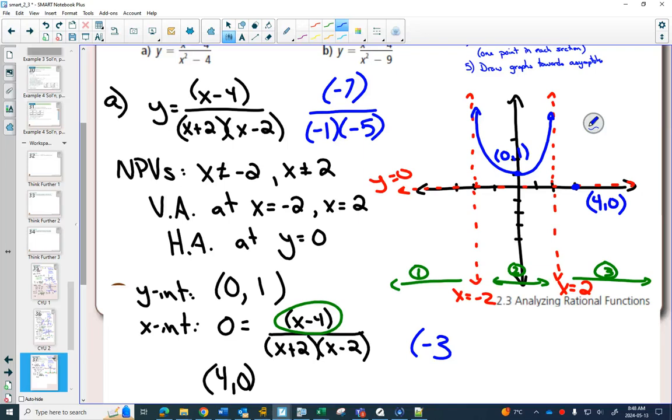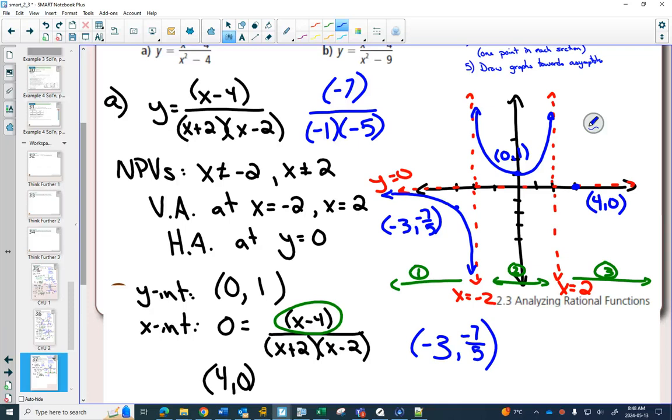This would be -7 on the top and +5 on the bottom, which gives me -7/5. So I label that point (-3, -7/5). And now I have enough in this section to say that it has to go down towards that asymptote of 0.